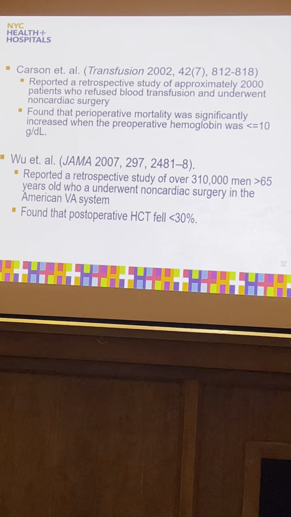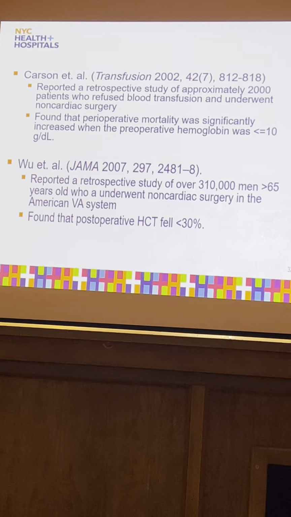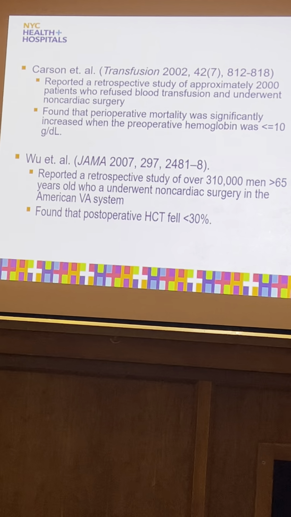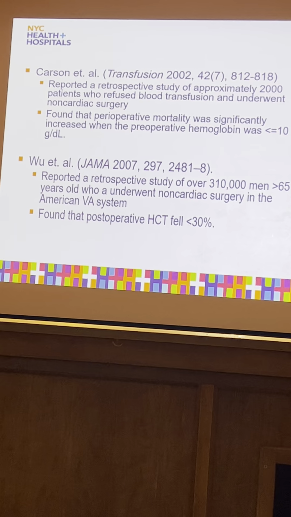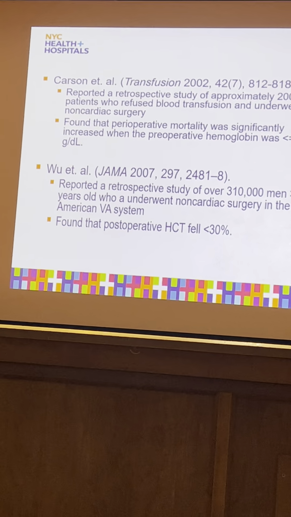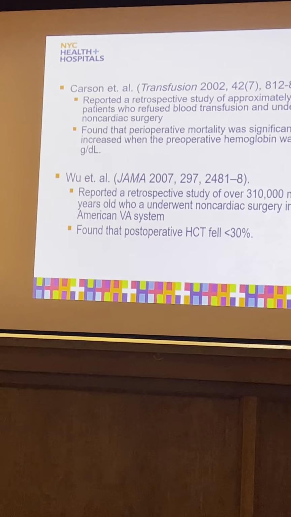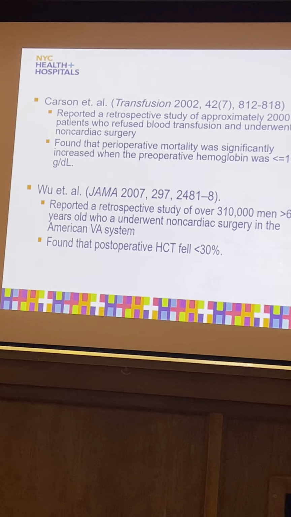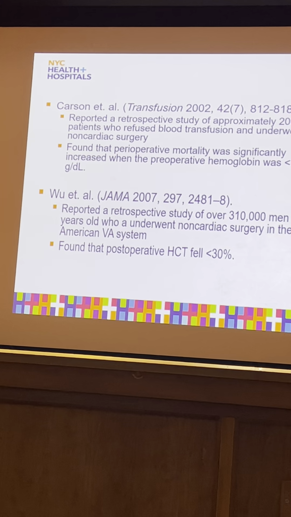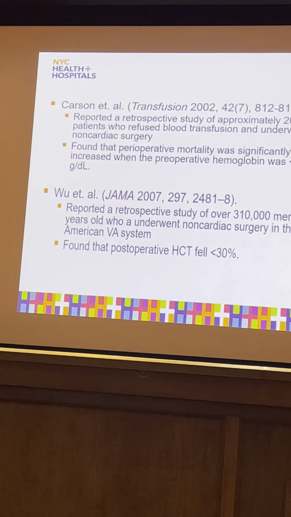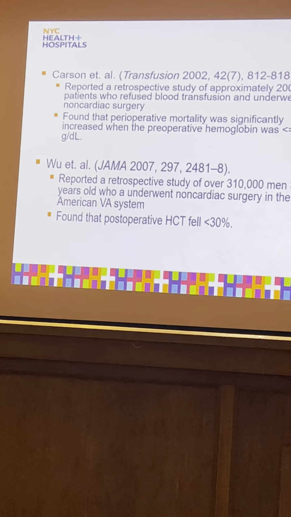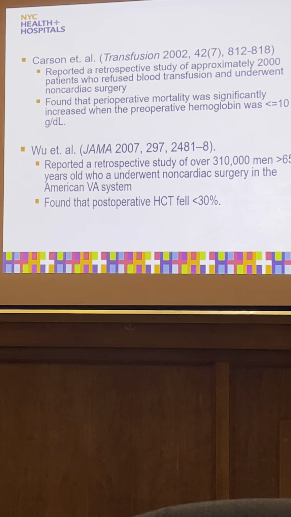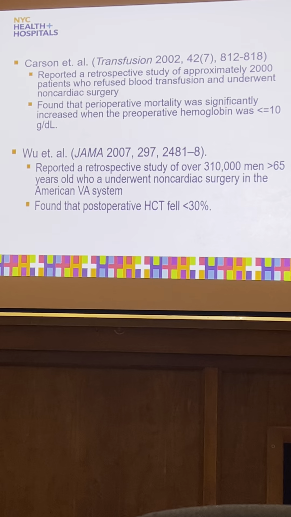So the take-home message from these two studies in conjunction is that patients will have anemia right after surgery, especially if there's blood loss, and that perioperative transfusion would be necessary. So if you don't address the preoperative anemia, it's associated with higher risk of morbidity and mortality, and because the patient will be bleeding. That's the take home.